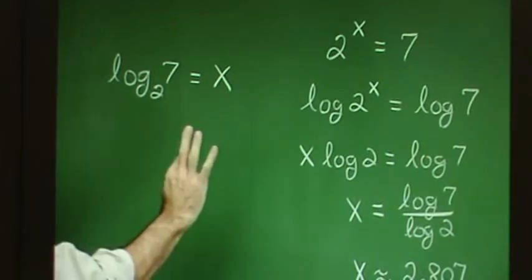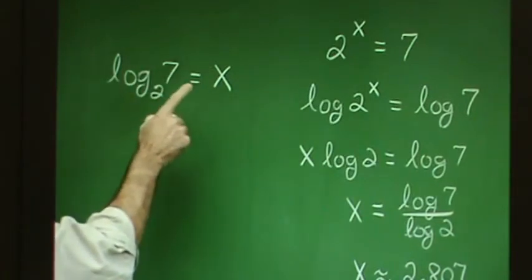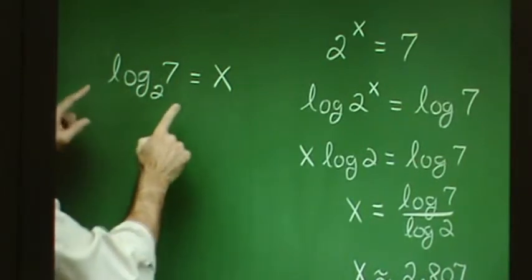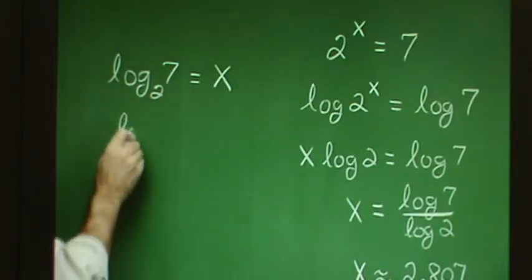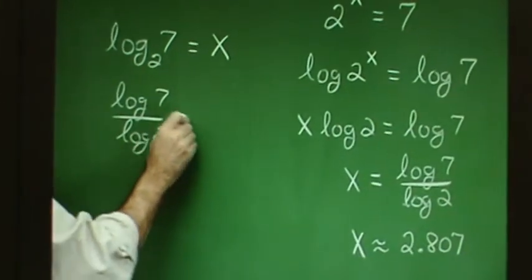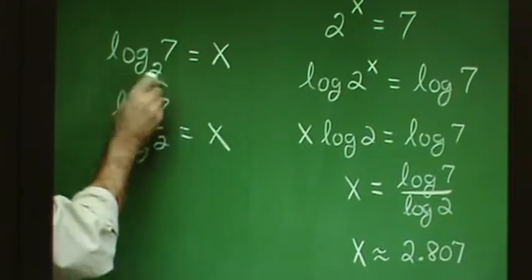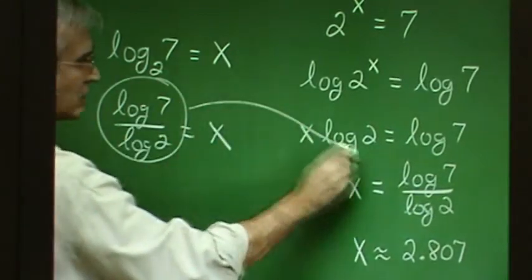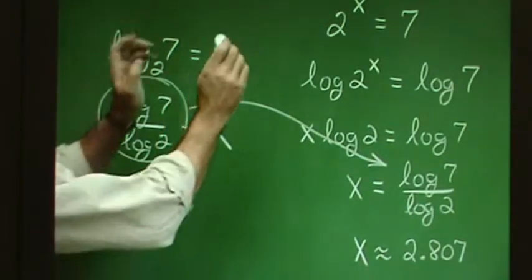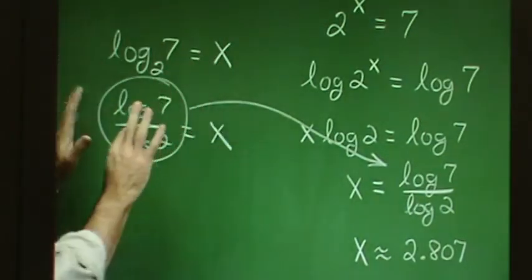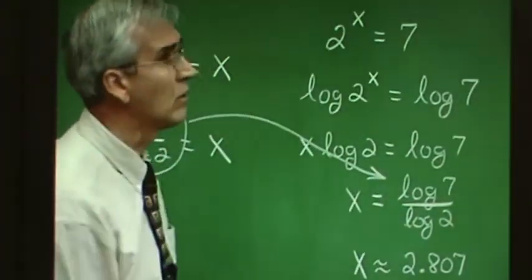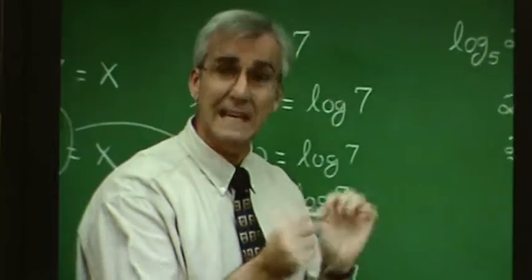You see, it seems to be very simple, but in order to evaluate this, we would have to go through that change of base idea. And for the change of base, it would be log 7 over log 2, you see, equals x. And this fraction is precisely the same fraction that we have right here in this other form. It's just a little bit different concept, going from exponential form to log form, or the concept of applying log on both sides. Very equivalent to one another, though, in the end.